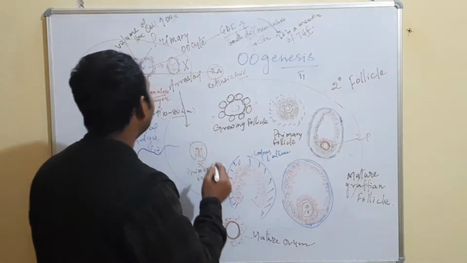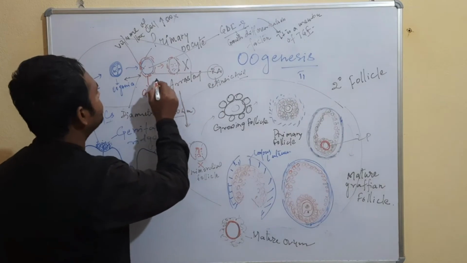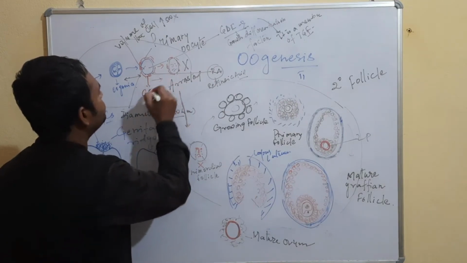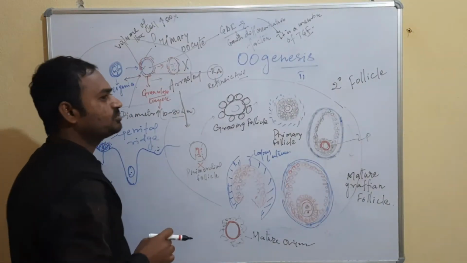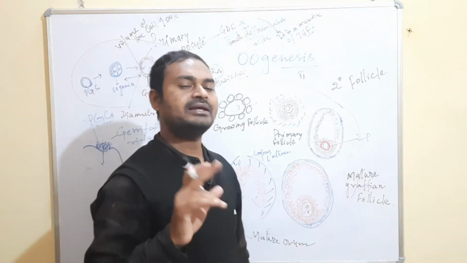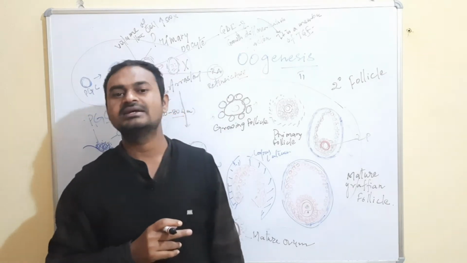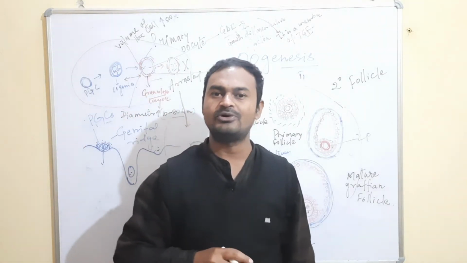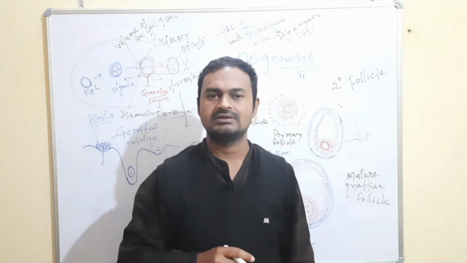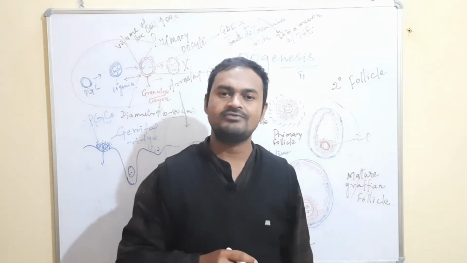So the cell undergoes the first meiotic division, but whenever the cell was in the stage of prophase 1, in the leptotene stage, it gets arrested here.